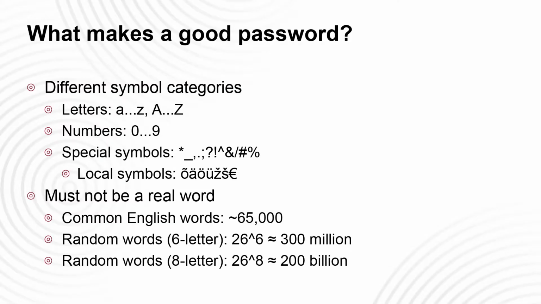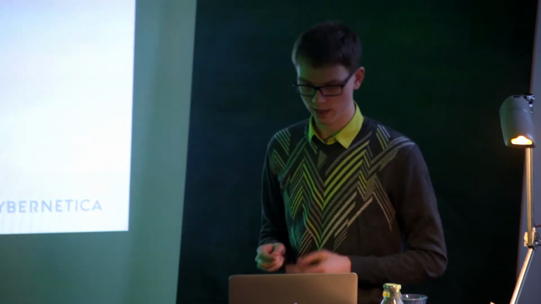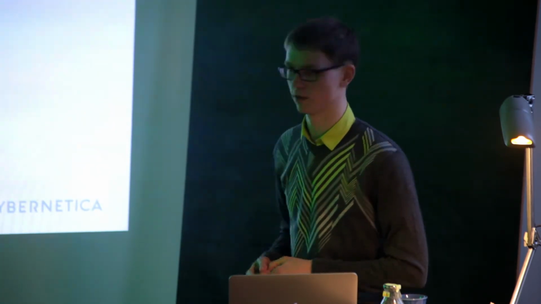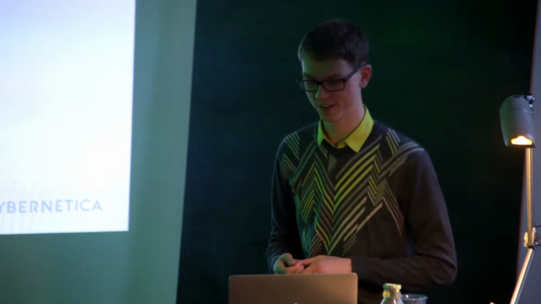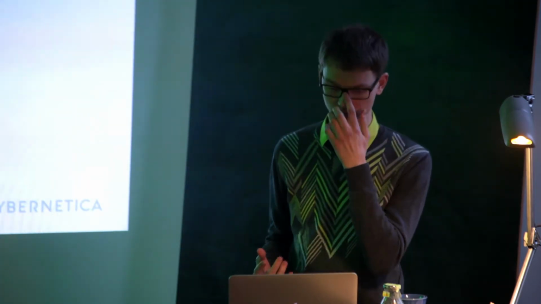What does a good or strong password look like? Like Dan said, this is probably something that you have heard of. And if you think that the people telling you this are just telling you because it's nice, then you should actually really listen. So let's go over it again. A good password should contain characters or symbols from different categories.